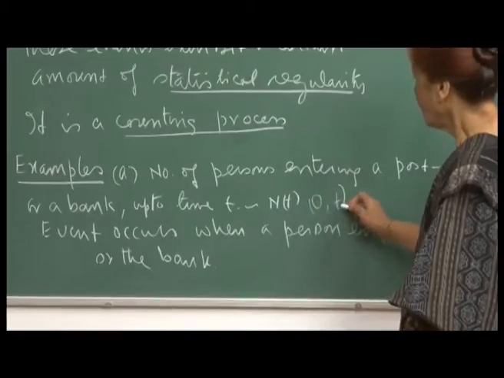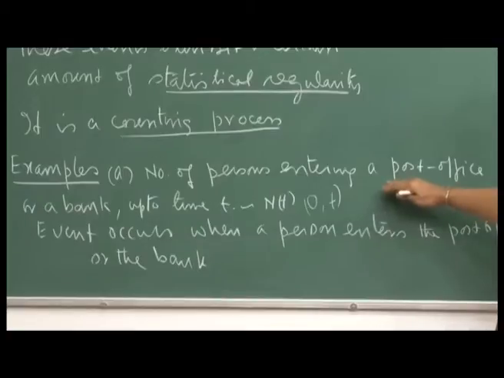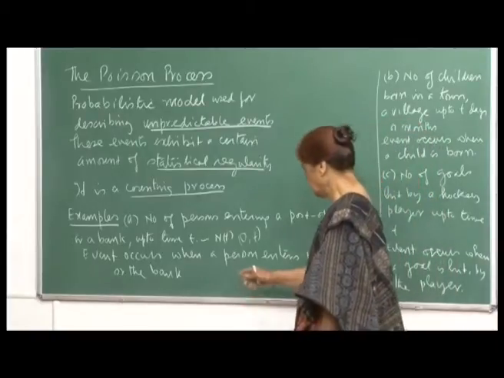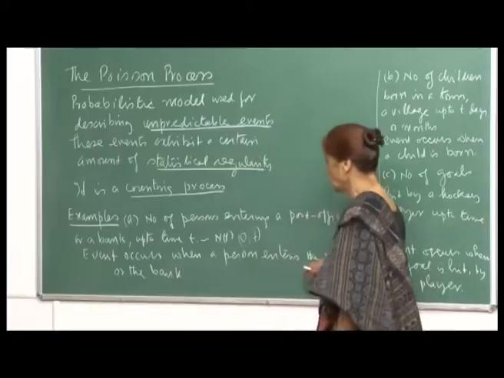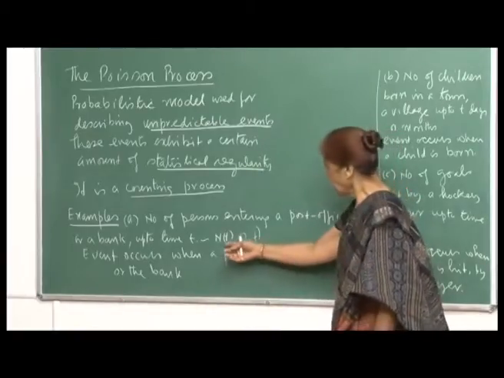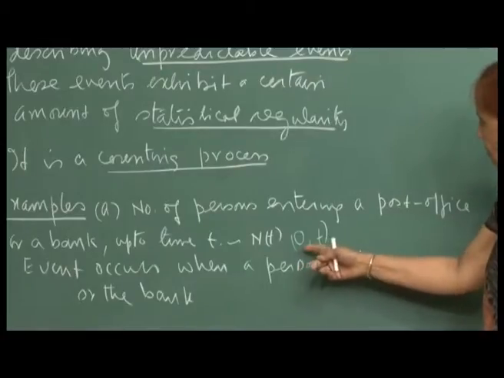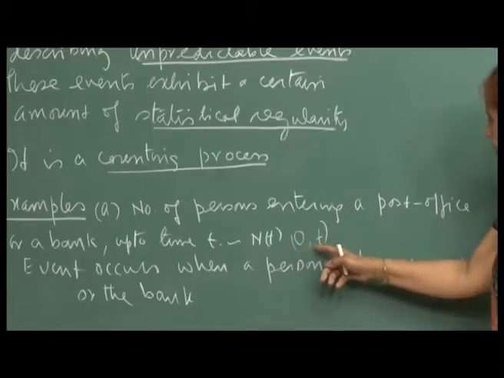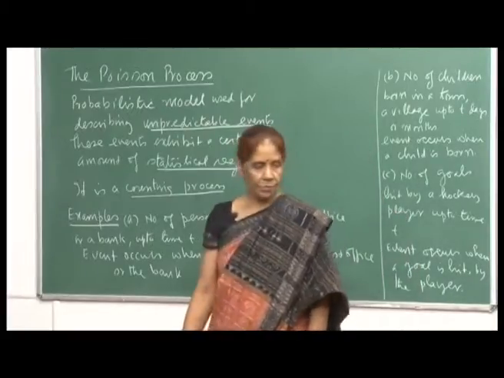An event will occur when a person enters the post office, right. So N(t) will give you the number of people who have entered the bank or the post office from time 0 to t.